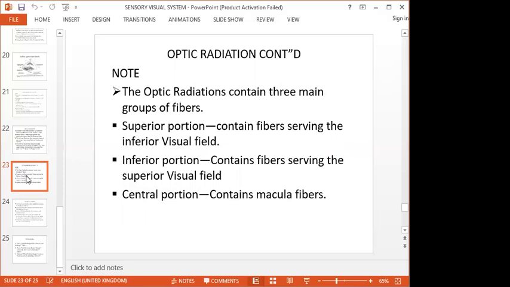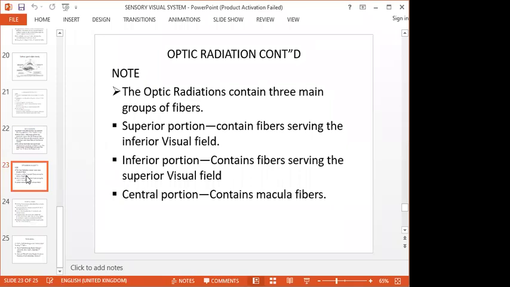Fibers which are inferior serve superior vision, because when the light comes in, it goes directly to hit the fibers. It does not turn to hit up. So inferior fibers serve the superior area. Superior fibers serve the inferior part.